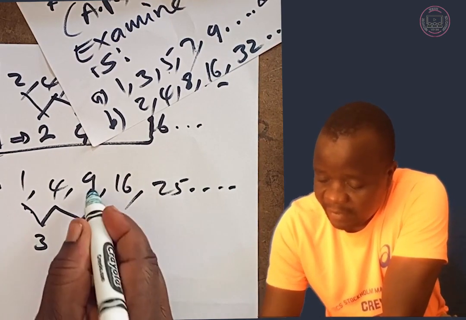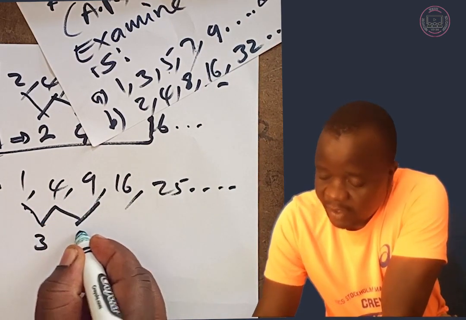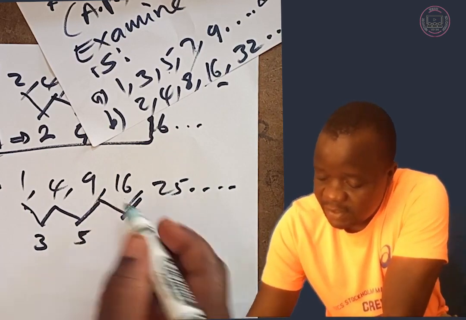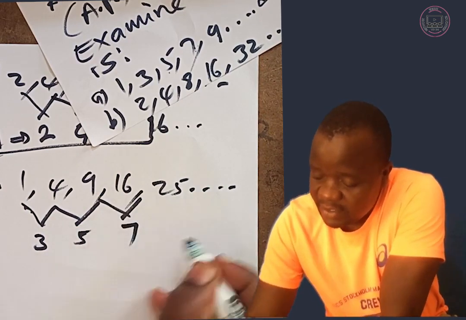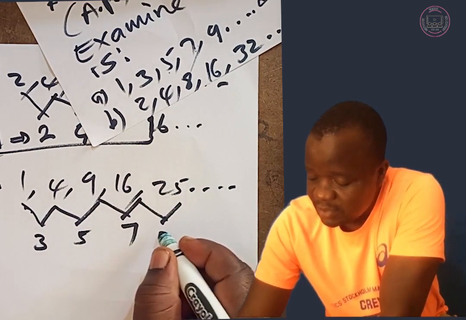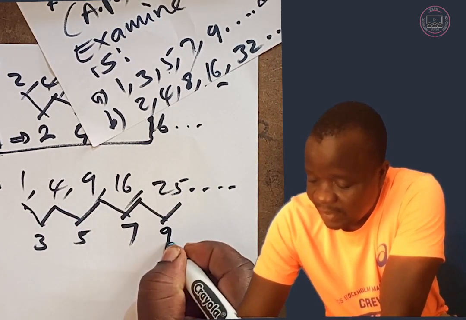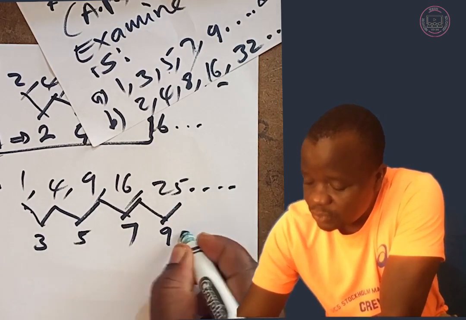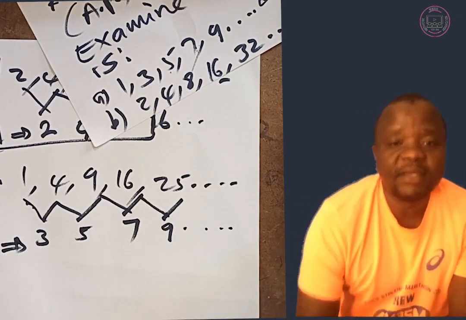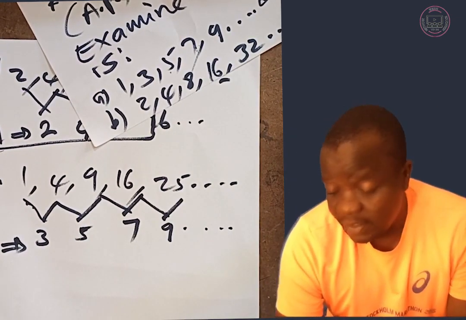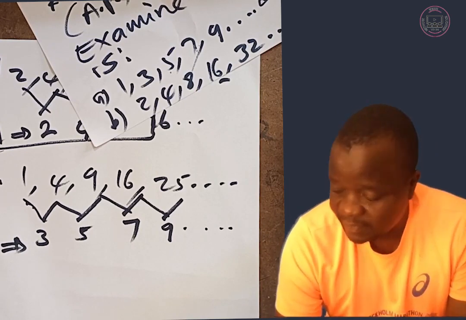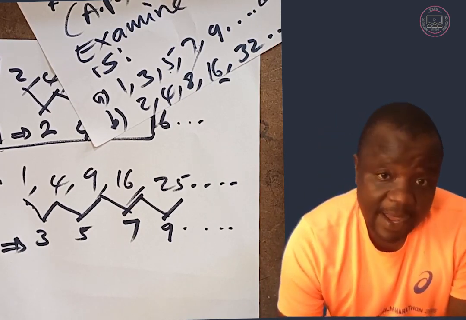And again there, 9 minus 4, we get a 5. Then 16 minus 9, we get a 7. And there, 25 minus 16, we get a 9. And so on. So we see that the common difference there is varying. We have 3, 5, 7, and also 9.